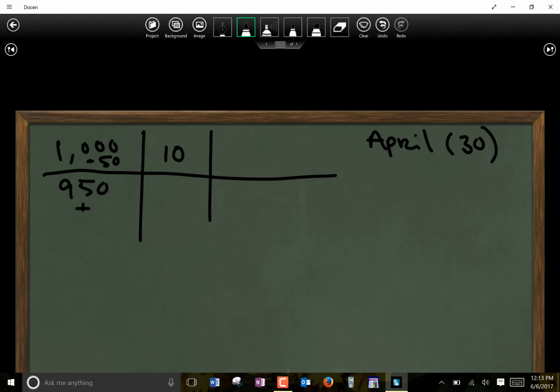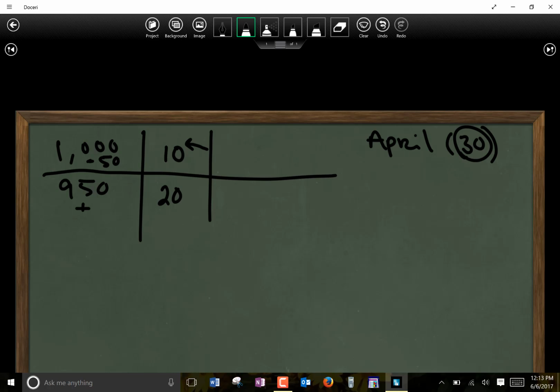So in this one, you didn't do anything else for the rest of the month. You just sent that payment in, and that was it. Now, since nothing else happened and you've already used 10 days, if April has 30 days, you have 20 days left. And that means you owed the bank $950 for the remaining 20 days of the month.